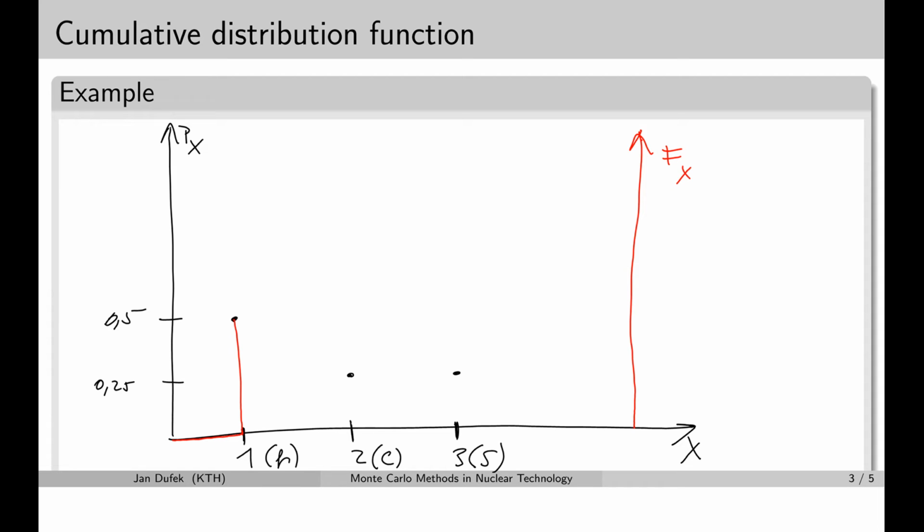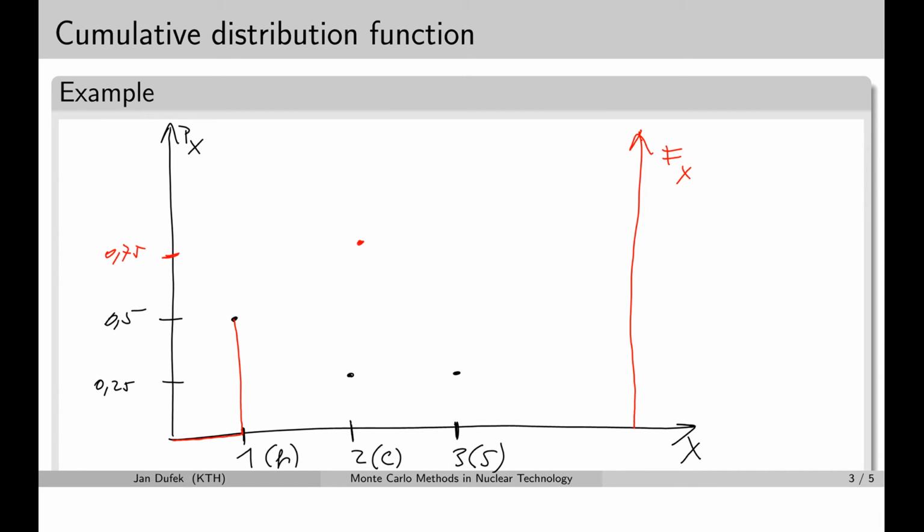Then for the reaction type number 2, we need to combine the probability of reaction number 1 and the reaction number 2 together. So in this case this will give us 0.75. So the cumulative distribution function for the value 2 would be 0.75. So that would be here.